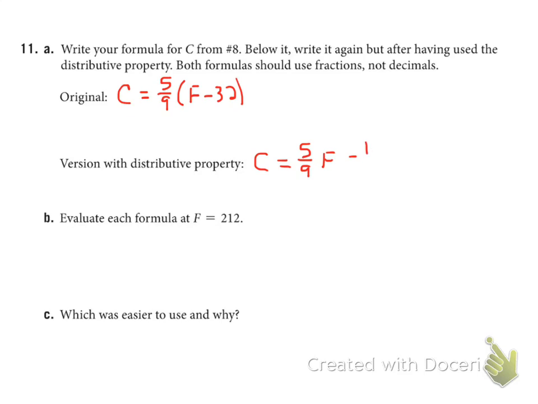There you go. The 5 times 32 is 160, and 9 times 1 is 9. Questions on part A?